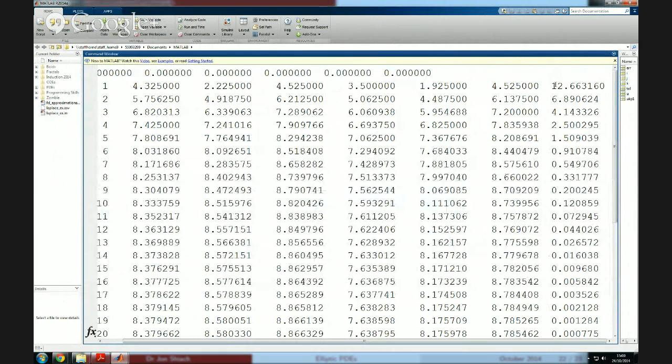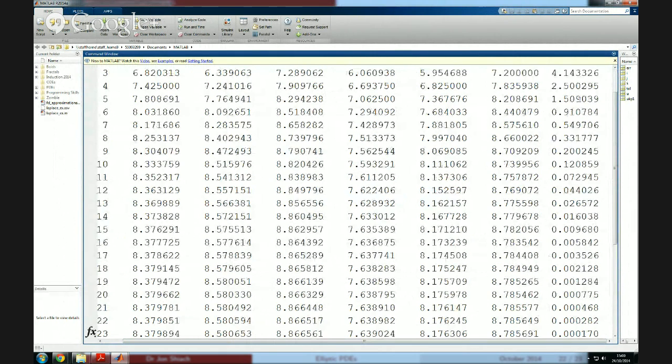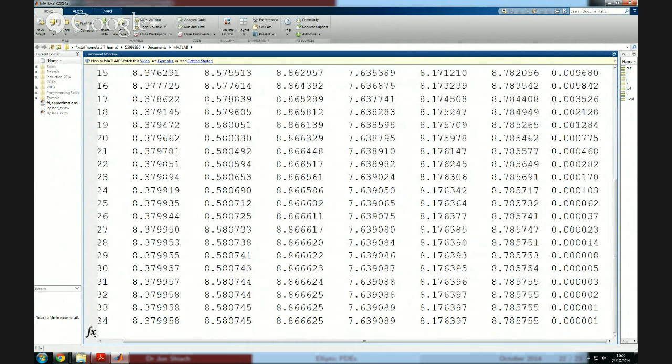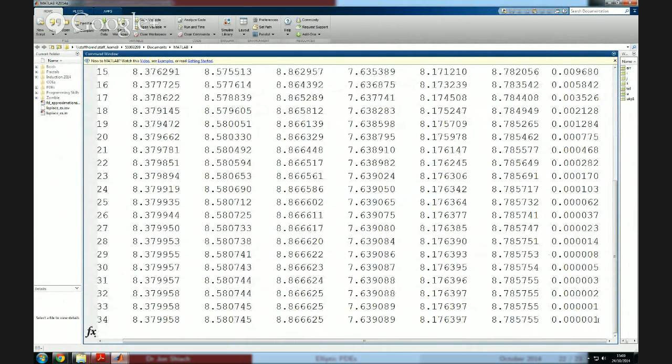And we said 10 to the minus 6. As you can see, as we improve on the estimates, this gets smaller and smaller. It finished on this one. It should have finished on this one. That's just going to dip below 10 to the minus 6. That stops at 33 iterations.